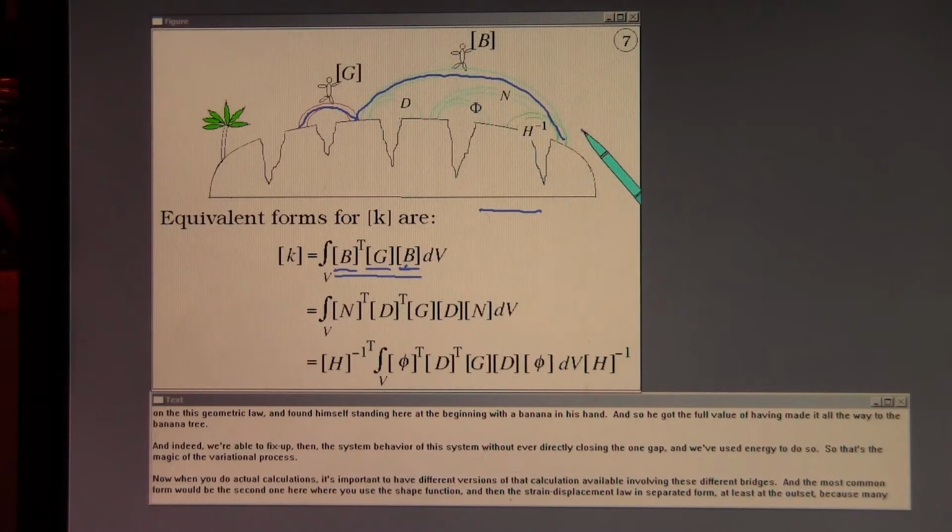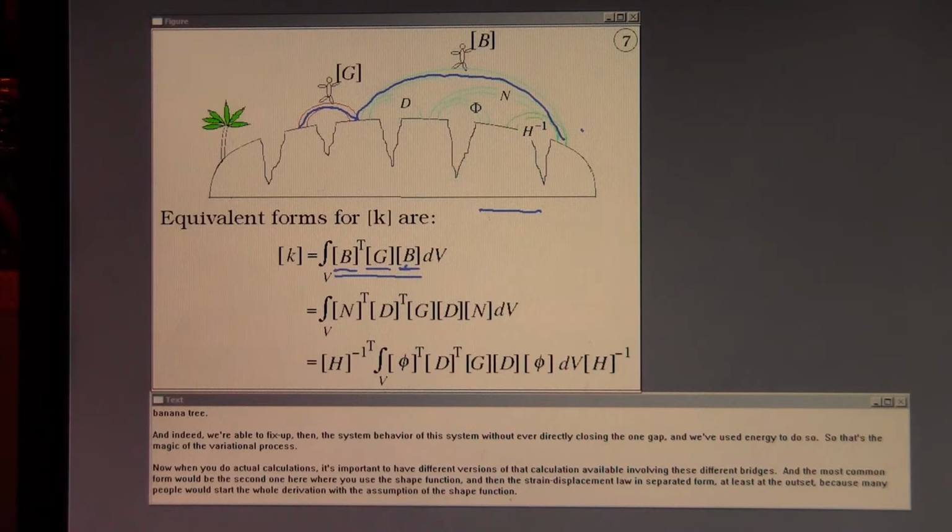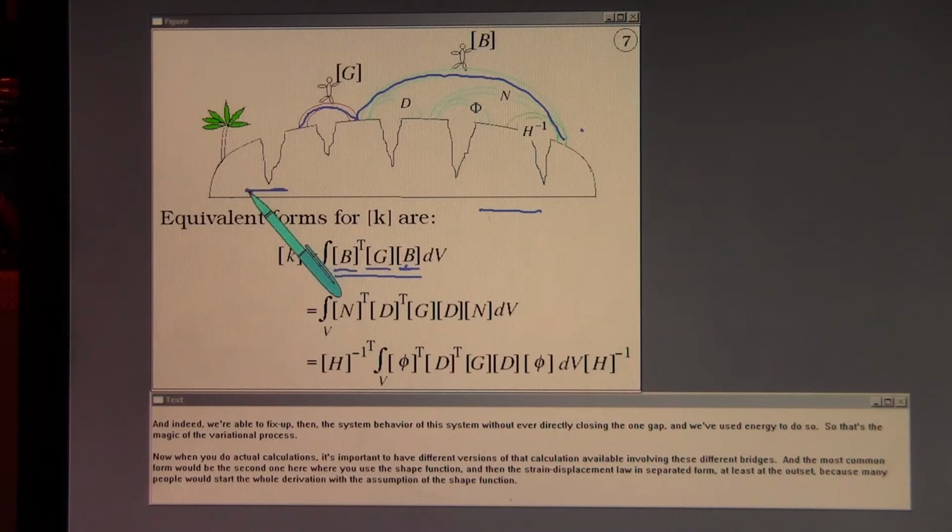And so he got the full value of having made it all the way to the banana tree. And indeed, we're able to fix up then the system behavior of this system without ever directly closing the one gap. And we've used energy to do so. So that's the magic of the variational process.